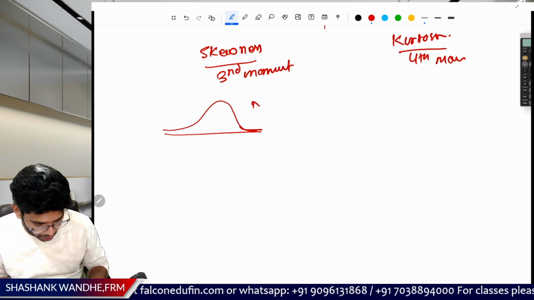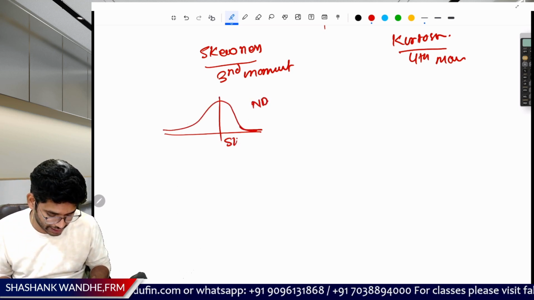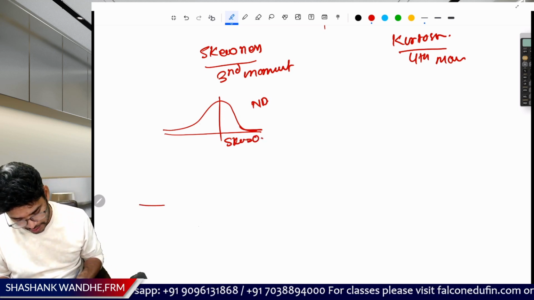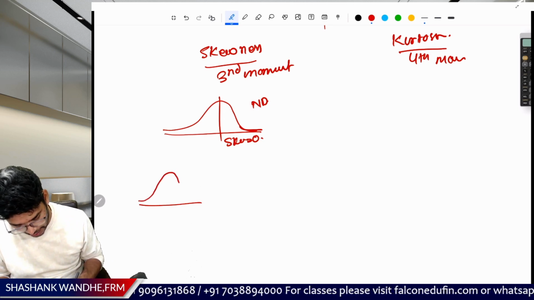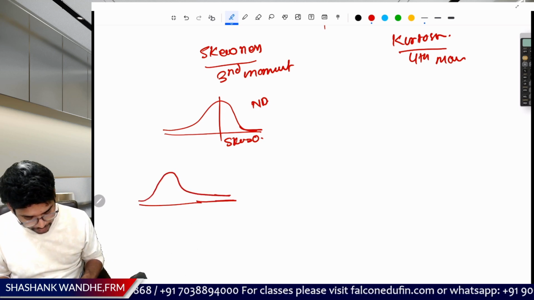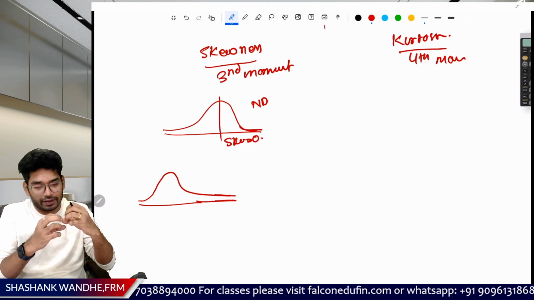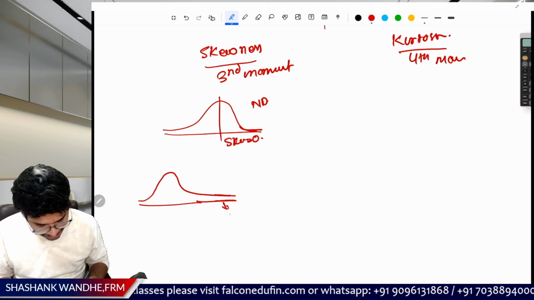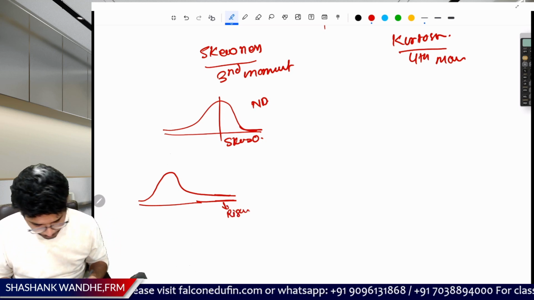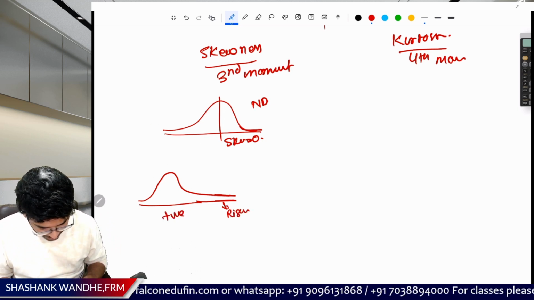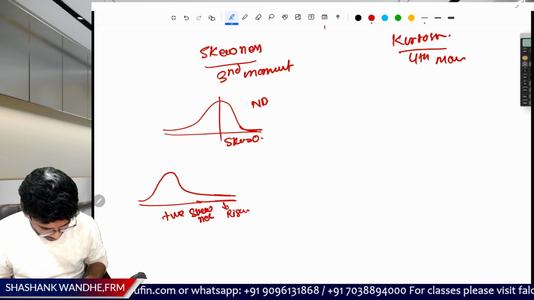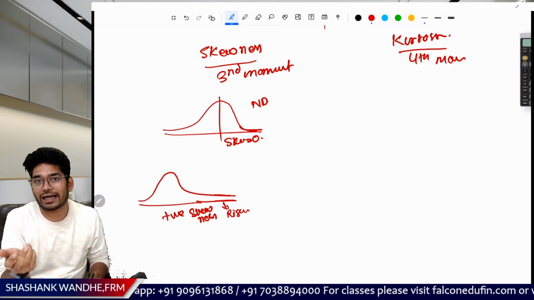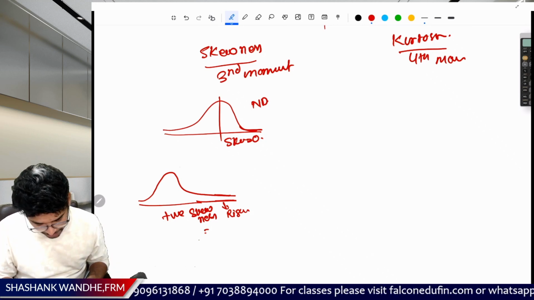Now, first, if the data is normally distributed, then the skewness in the data is 0. But it is possible that there are outliers in the data which are pulling the distribution's right side. If outliers are on the right side, this is positive skewness. So this is positively skewed data, and the skewness will be higher than 0, maybe say 2.